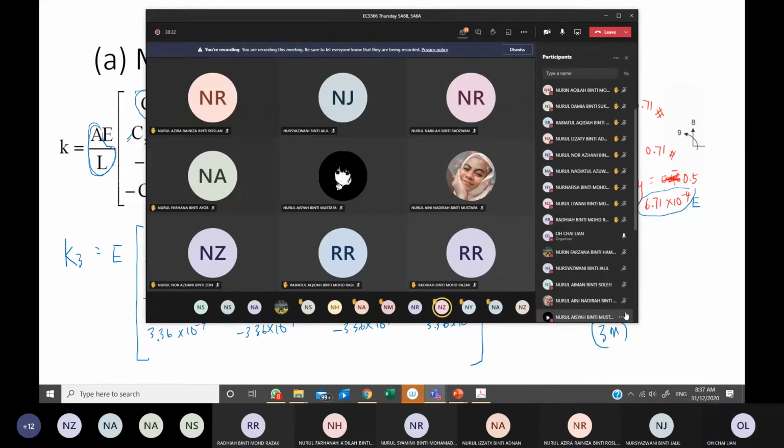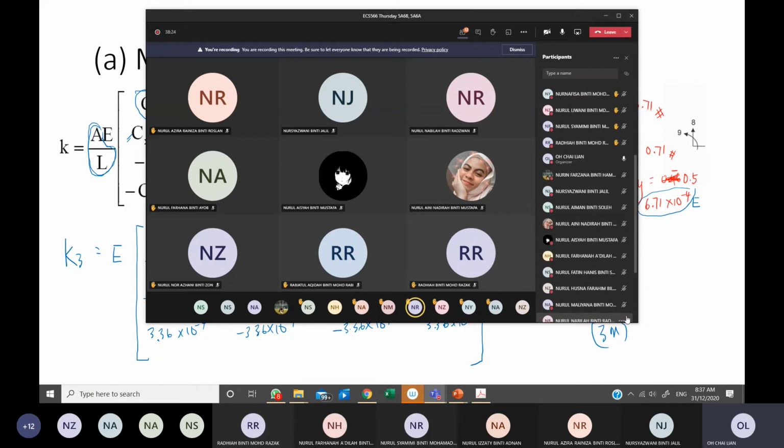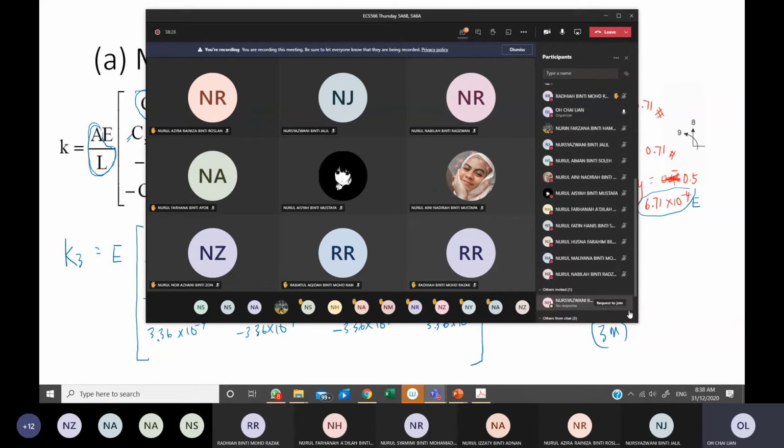We have a few more. We have half of the class not yet done. Maybe we give them a bit more time, another 2 minutes. For the ones that have advanced, please study the vector of D and vector of Q. We're going to show that later.